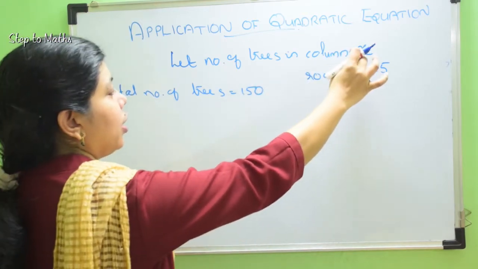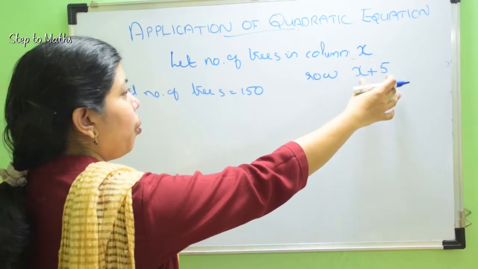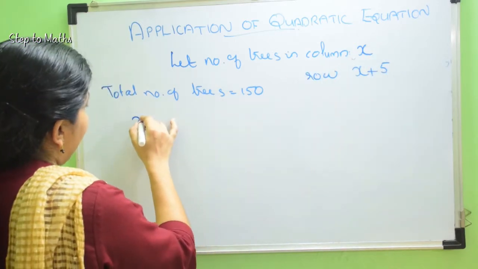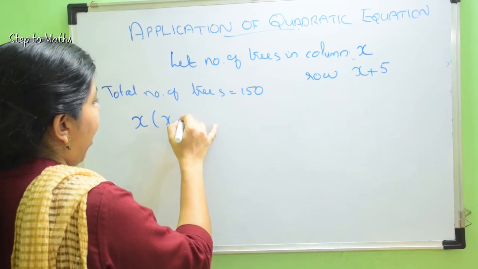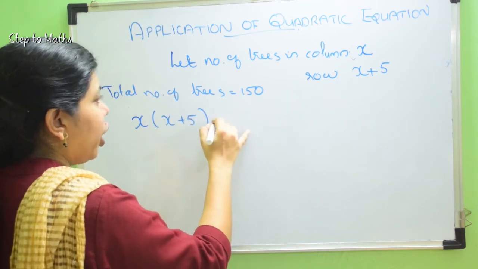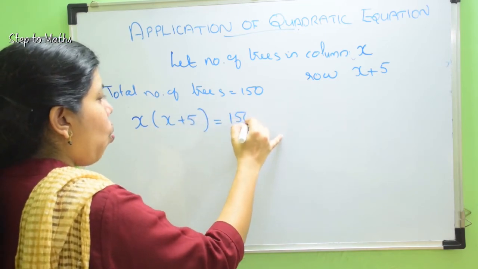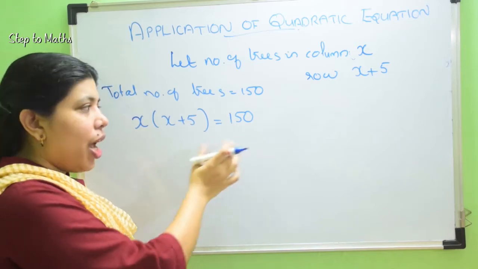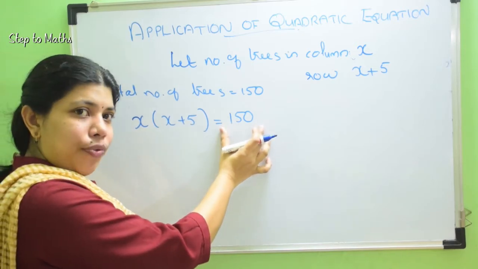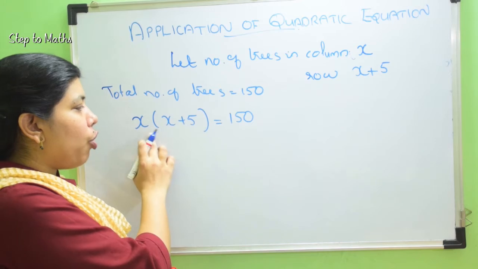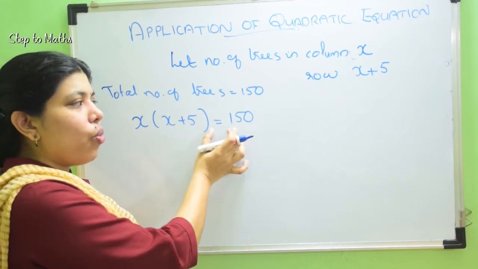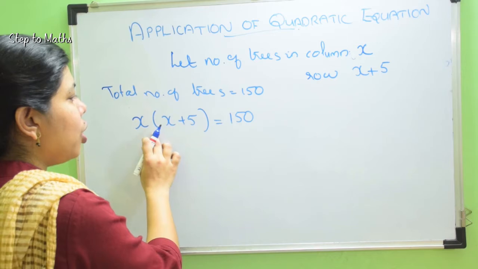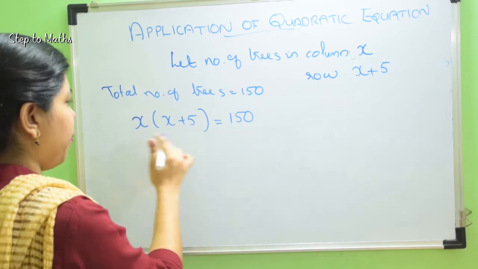That means the number of columns into the number of rows, X into X plus 5, equal to 150. The trees are arranged in rows and columns, and the total number of trees is 150. So, the number of columns into the number of rows is equal to the total number of trees. Okay, X into X plus 5 is equal to 150.